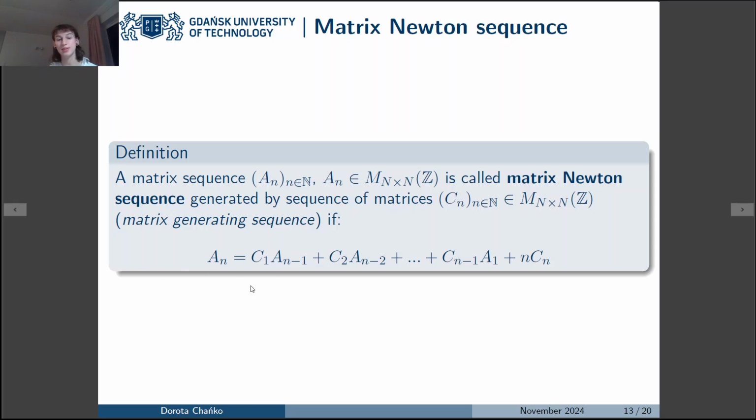So A_N is C_1 times A_{N-1} plus C_2 times A_{N-2} and so on, plus N C_N. So it's very similar to the original definition of Newton sequence. Same for Dold sequence. It's very similar to the original definition of integer Dold sequence.